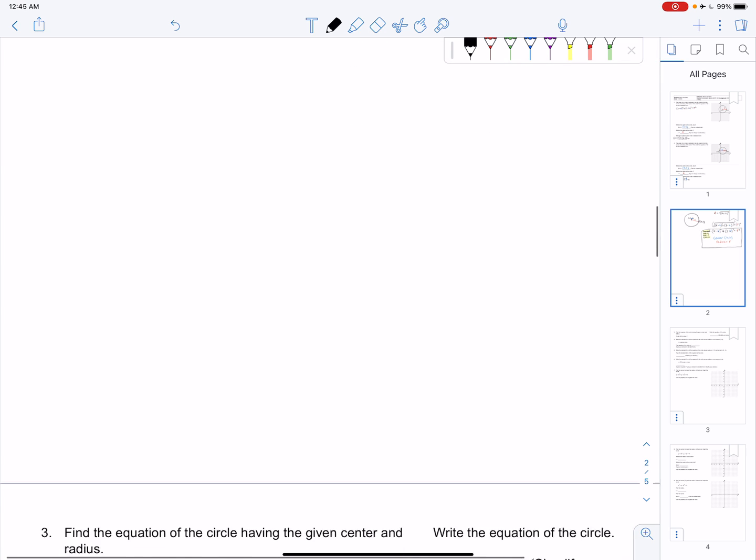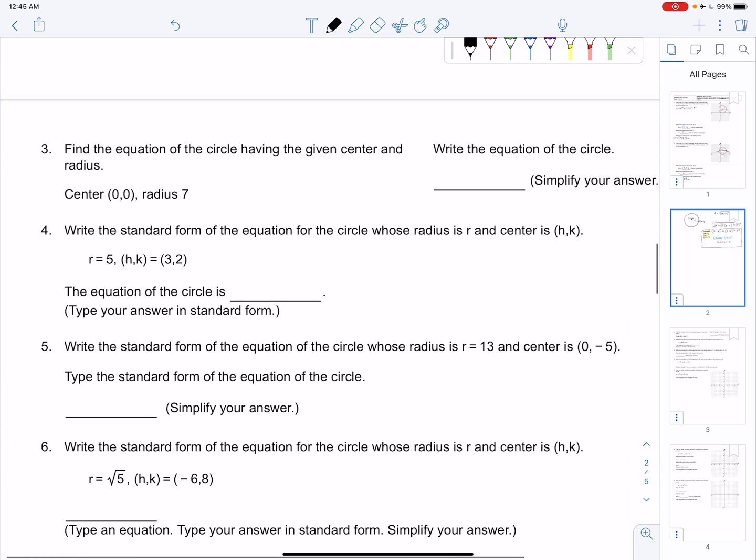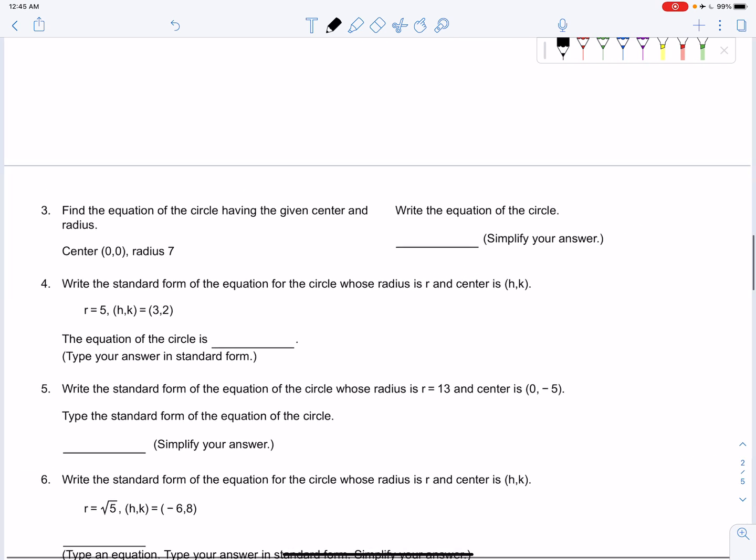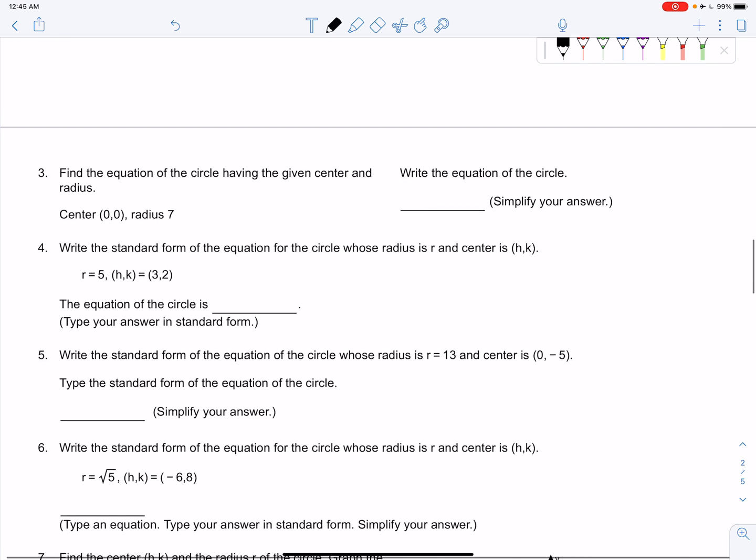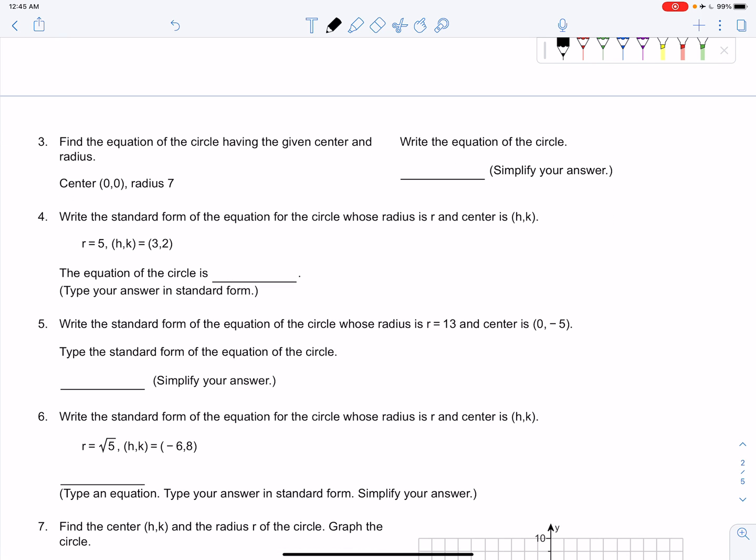Let's look at this number. Number 3 says find the equation of the circle having the given center and radius.